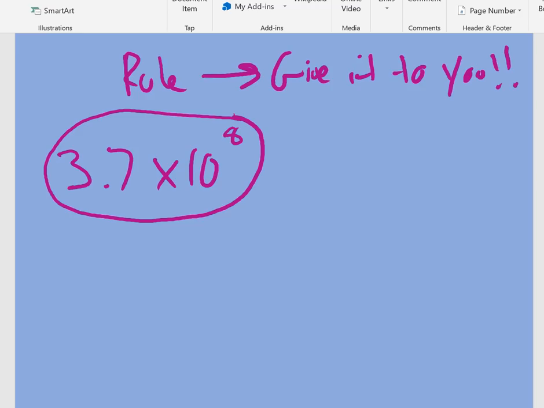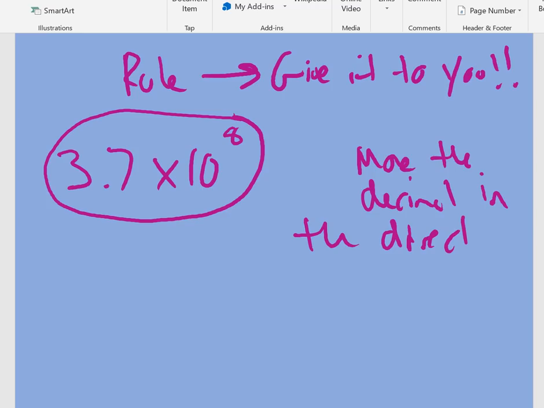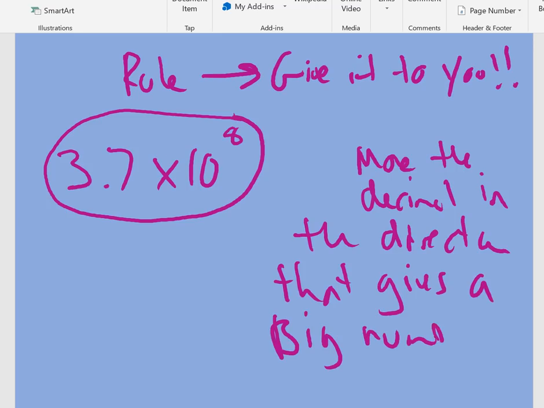We're going to move the decimal in the direction that gives you a big number.